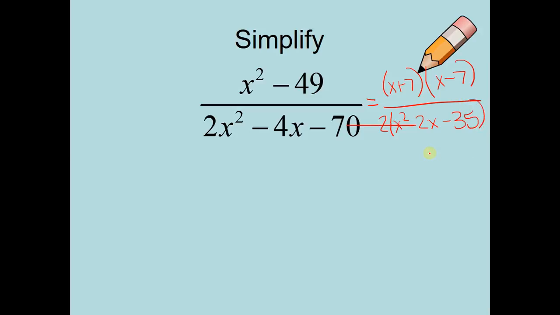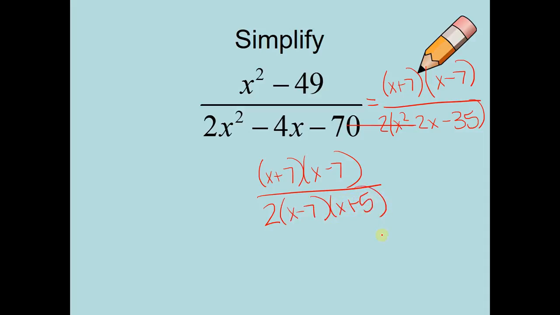Negative 35, add together to give me negative 2. I think that would be like negative 7 and 5. Yeah. So I'll have x plus 7, x minus 7, and then a 2, and x minus 7, x plus 5, like that. x minus 7's top and bottom cancel them out because I'm now in factored form.